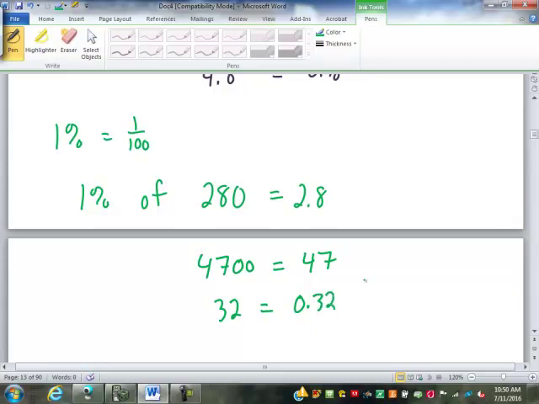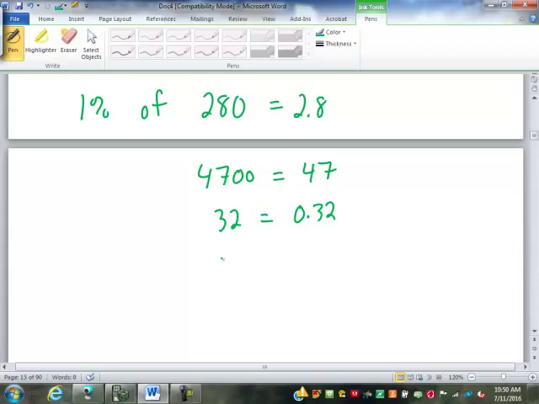Good. 1% of 6.8 would be 0.068. Good. So finding 1% of something is just moving the decimal point two spots, or dividing by 100.